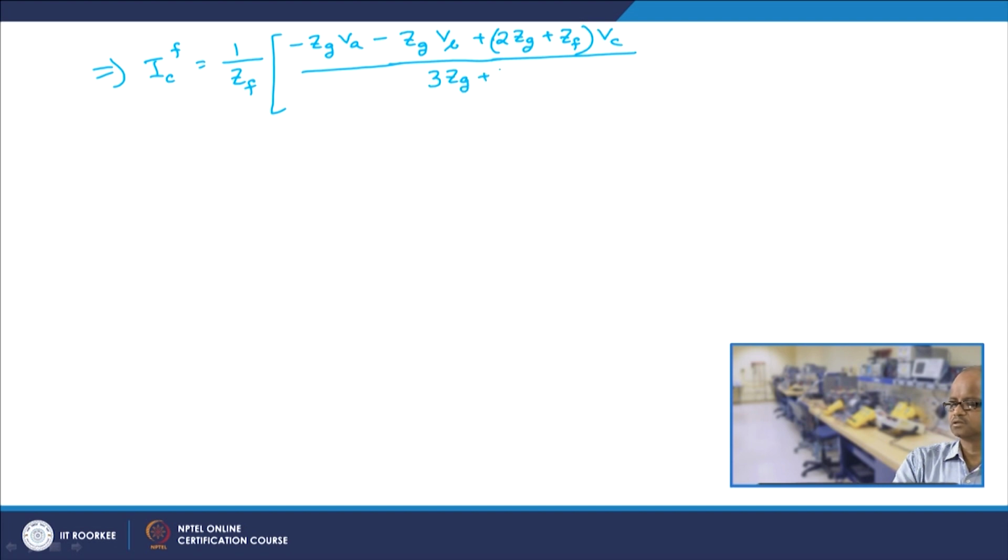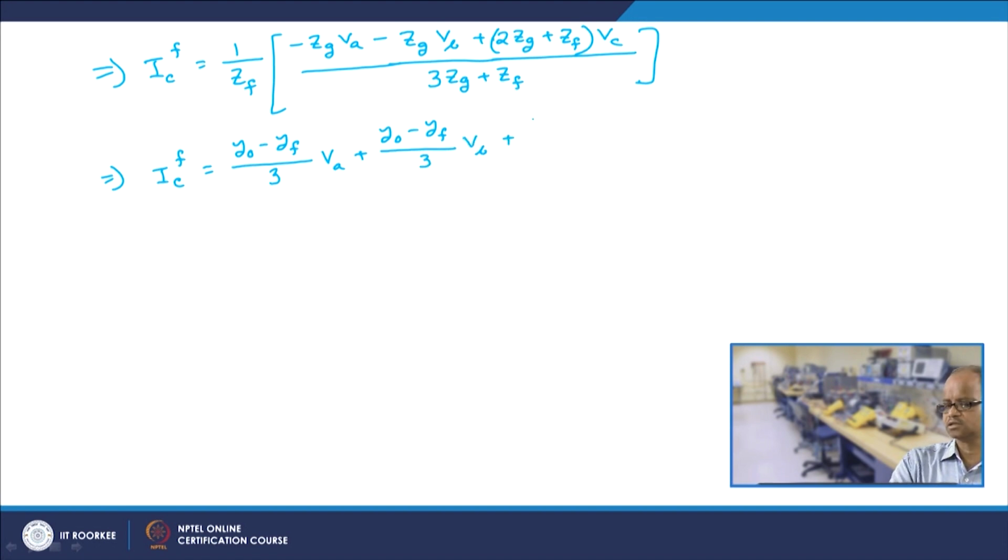In other words, ICF is essentially y0 minus yf by 3 into VA plus y0 minus yf by 3 VB plus y0 plus 2yf by 3 VC.